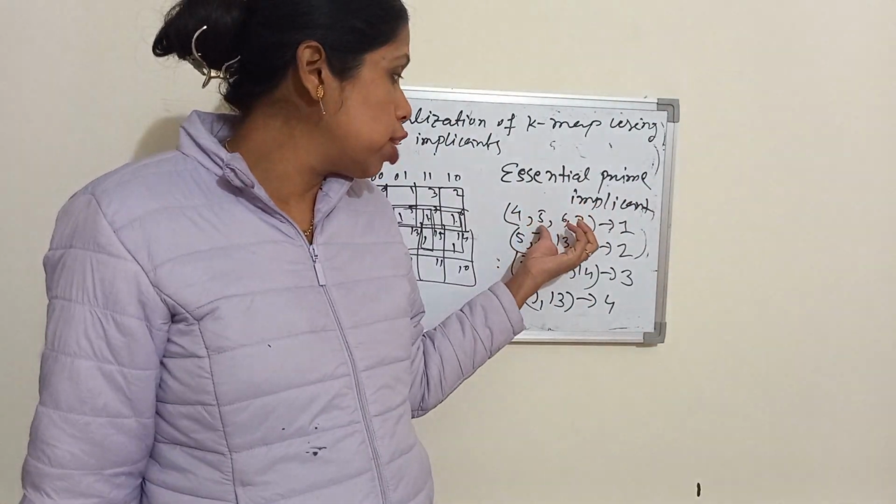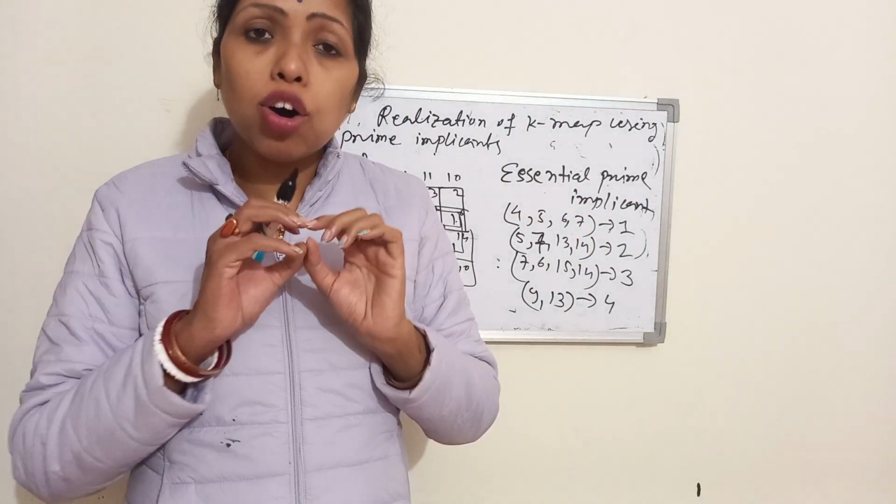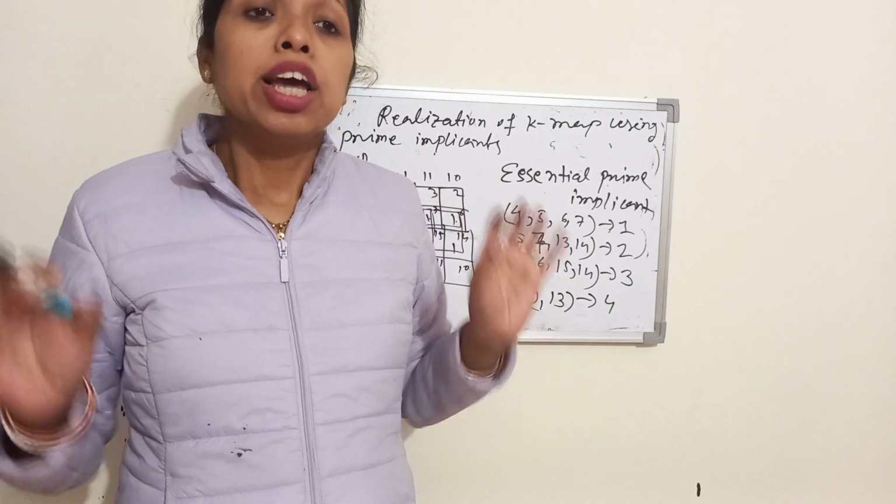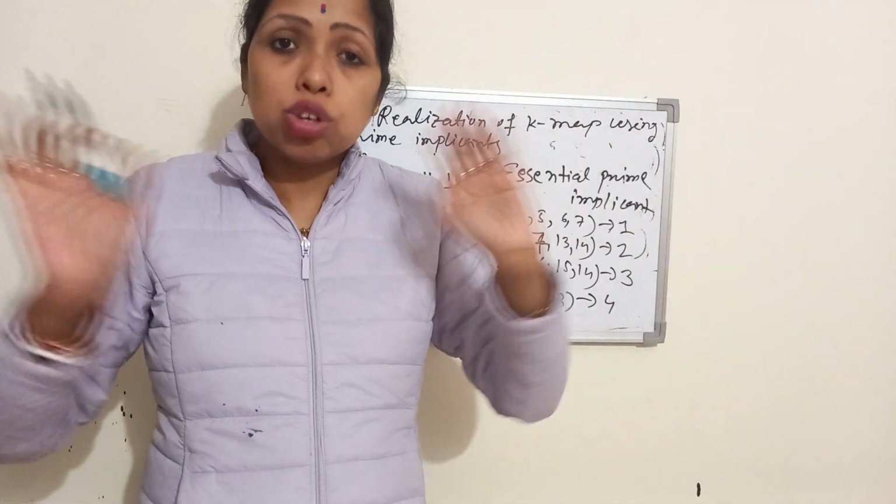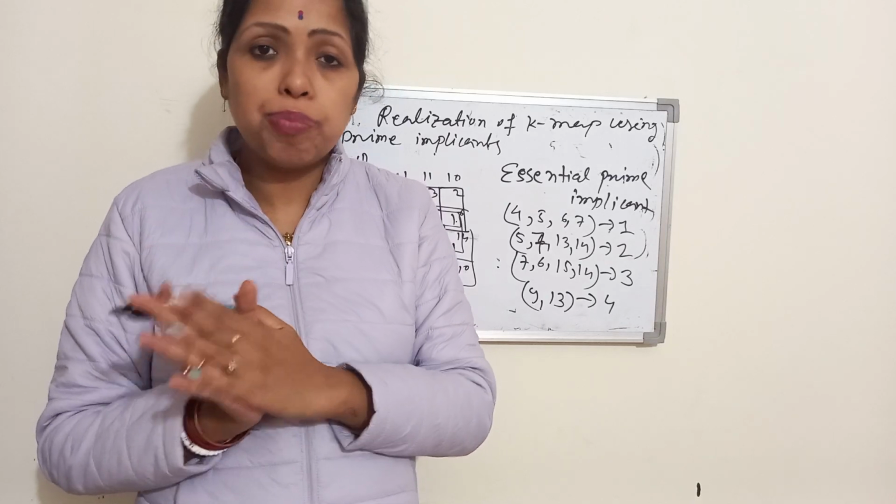If all the numbers in one group are included in other groups, then that is not an essential prime implicant.